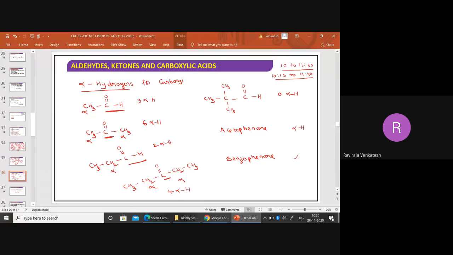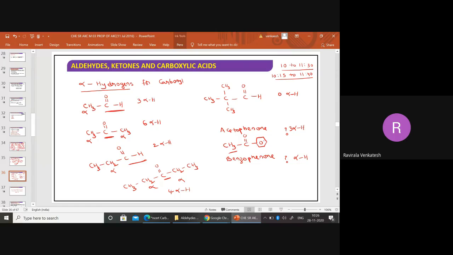And how many alpha hydrogens for benzophenone? Acetophenone is having 6? How? How many? 5? Acetophenone is having only 3 alpha hydrogens.